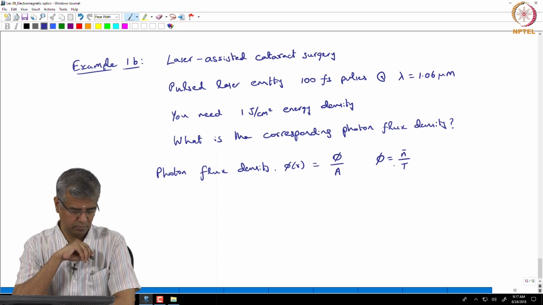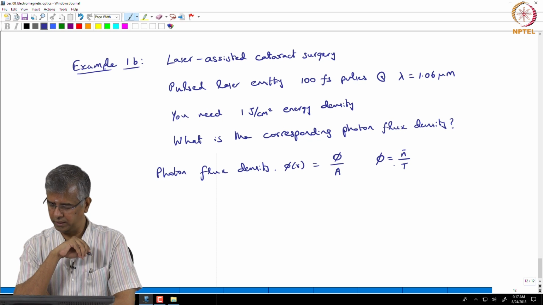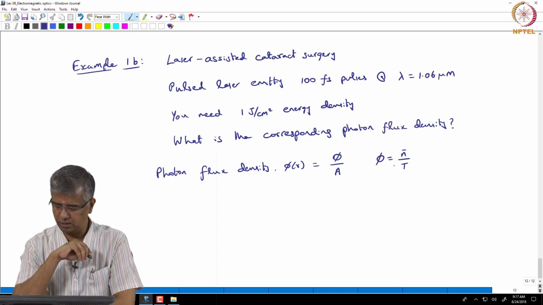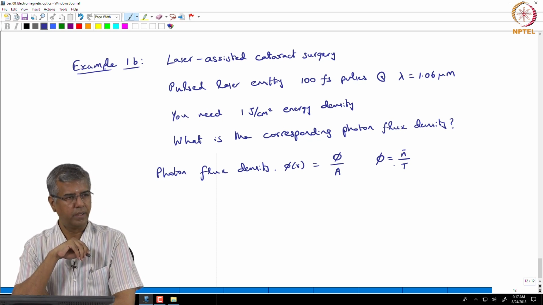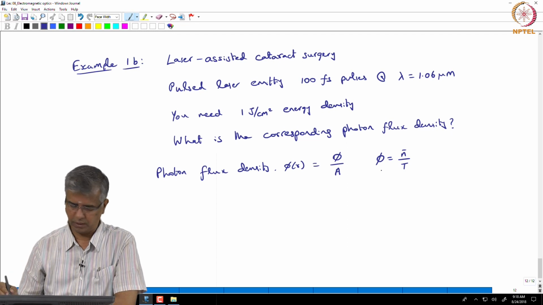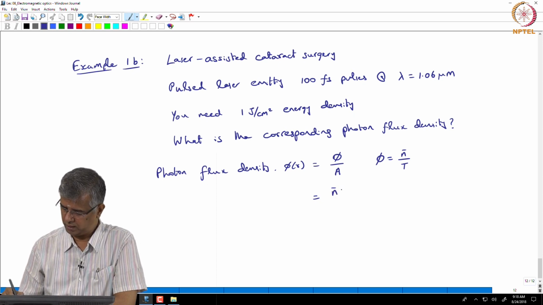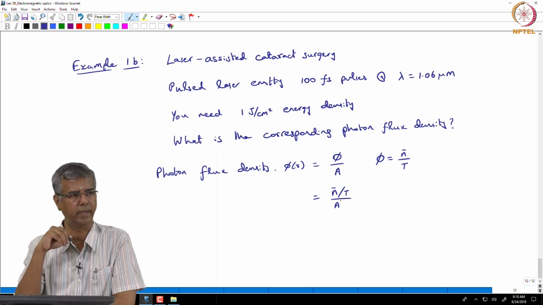So, you can substitute that over here, and what you are given is actually energy density, right. So, you can basically say this is going to be equal to n bar over T over A, right.